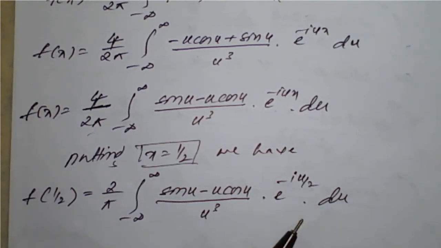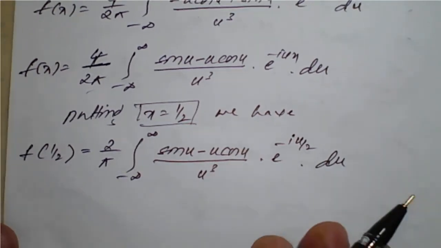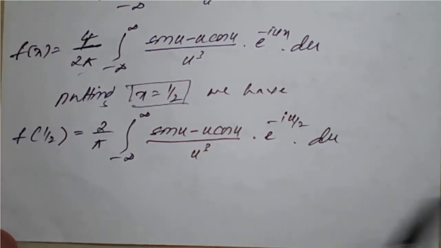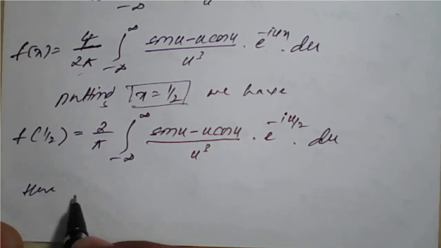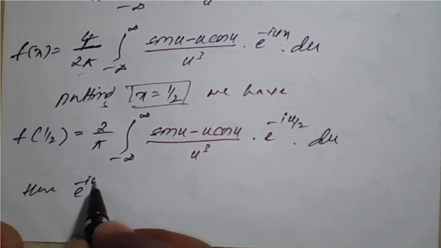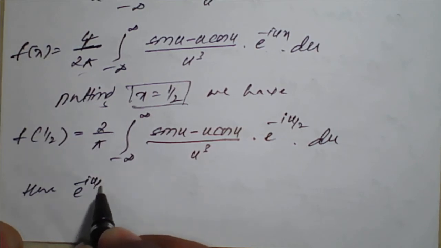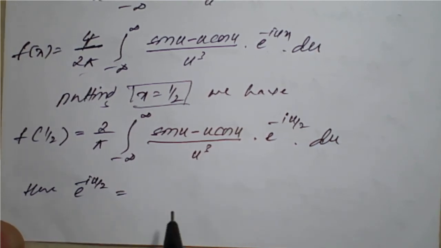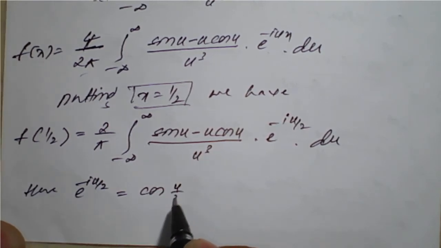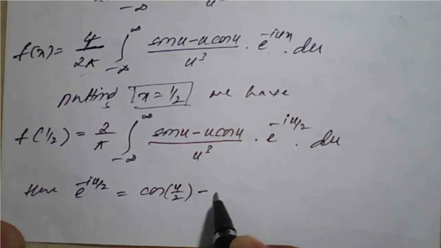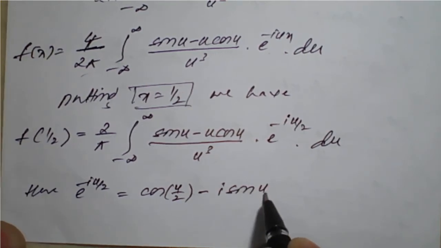Replace x by 1 by 2. So here now we'll check, e raised to minus i u upon 2 is nothing but, as per the complex form, it will become cos of u by 2 minus i times sine of u by 2.